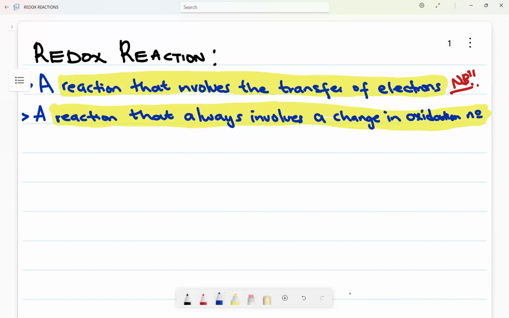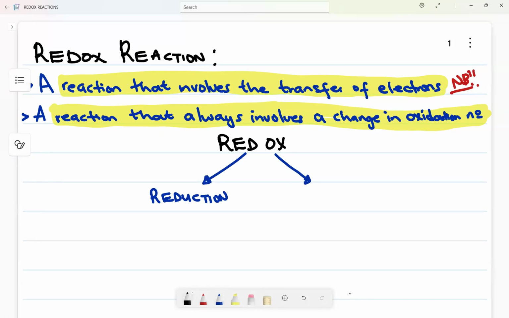Now, we have redox reaction, but we don't know exactly where the word redox comes from. The word redox comes from the word reduction, and then the word ox comes from the word oxidation.